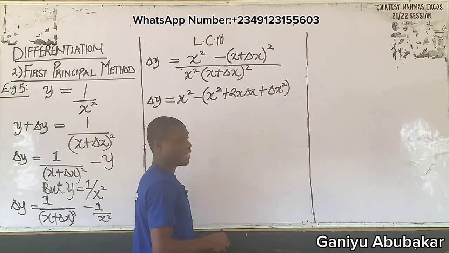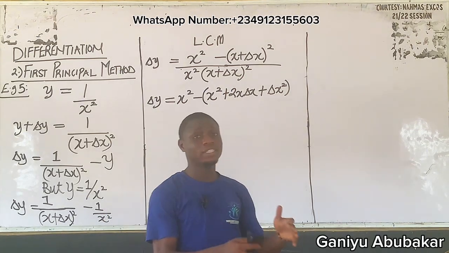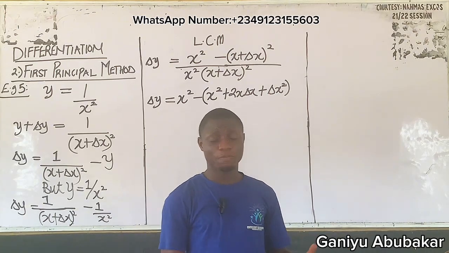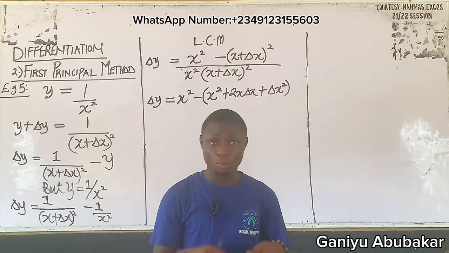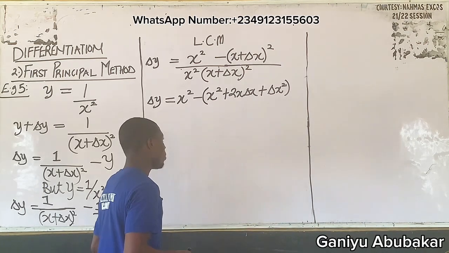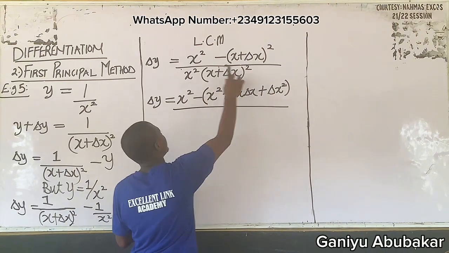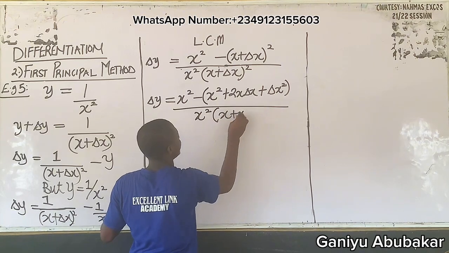I will not take my time to expand this for you now. I have done that in about three videos, how to expand that value. If you have been following us from our initial classes, you should know how to expand this at this point. Now all over, the denominator comes down, that's x squared into x plus change in x.